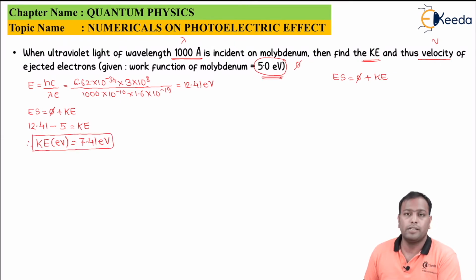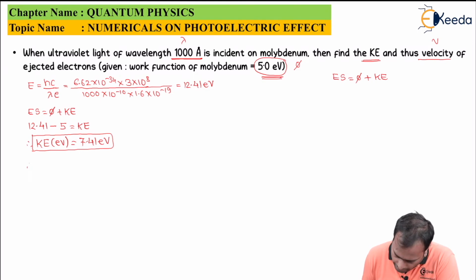But this kinetic energy is expressed in terms of electron volts. So wherever, as said earlier, you are asked to find out kinetic energy and velocity, you would be using SI units. So we'll be converting this kinetic energy into the SI unit, that is joules. To do that, we'll be multiplying it by e.